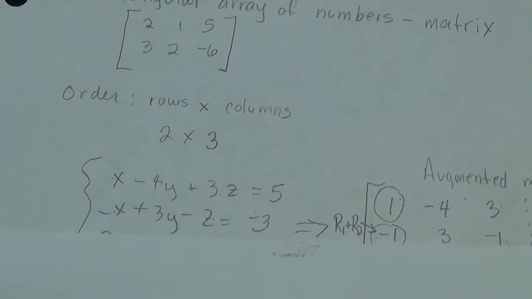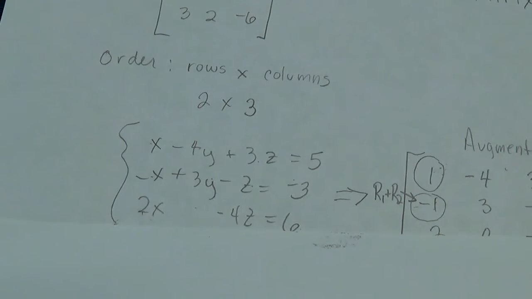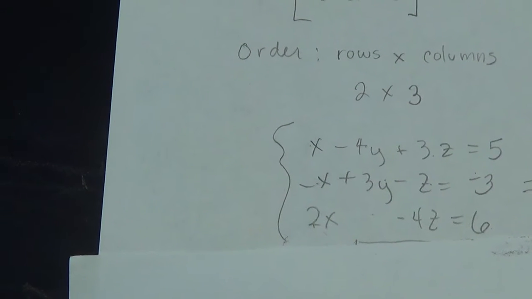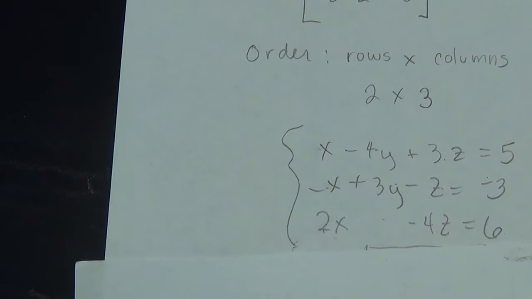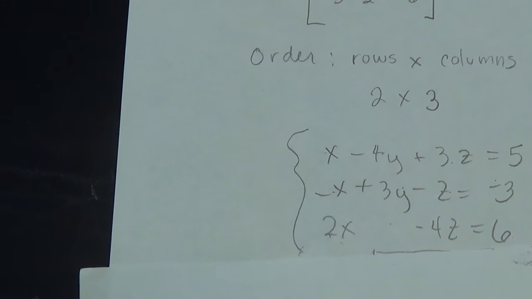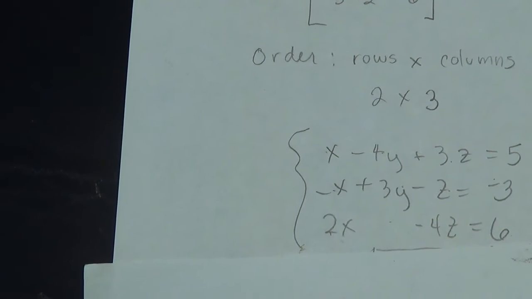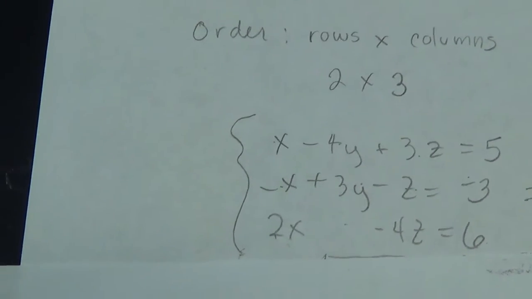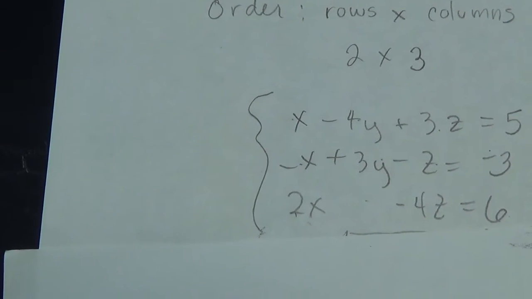I'm going to teach you how to take a system of equations. Here we have 3 equations and 3 unknowns. X, Y, and Z are the unknowns, and I want you to solve for those variables X, Y, and Z using matrix operations.